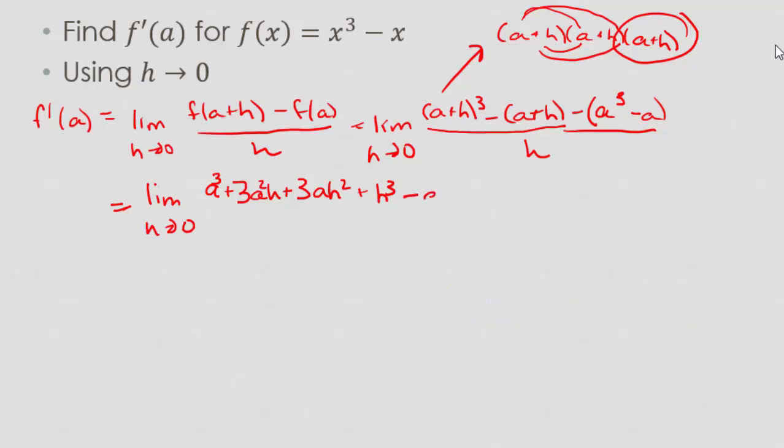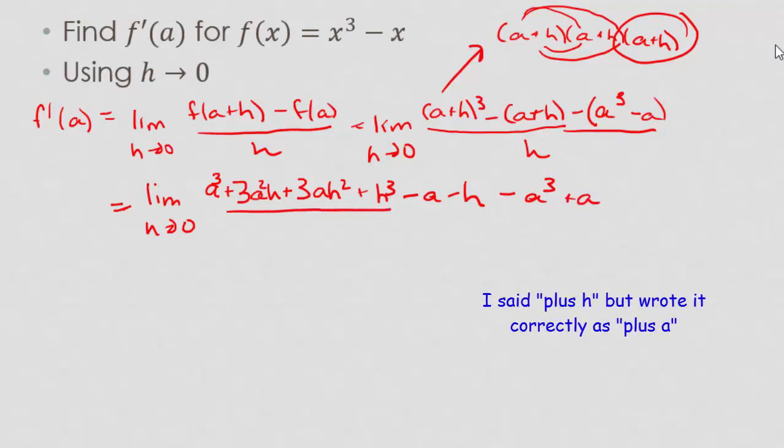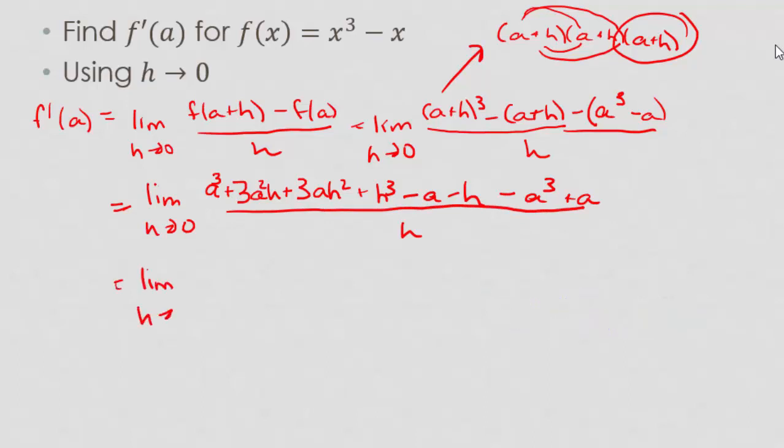So then we do minus a minus h minus a cubed and plus h all over h. So algebraically this is getting a little bit long, but we're getting there. So we want to start canceling out what we can. So I see an a cubed minus an a cubed, minus a and a positive a.